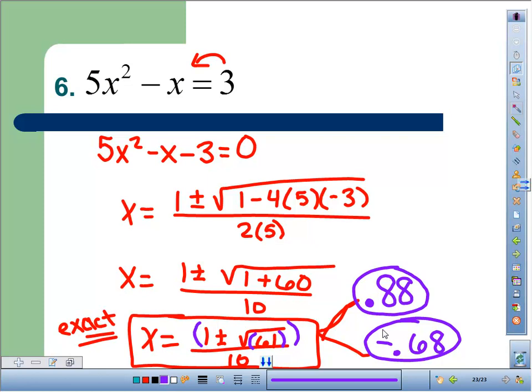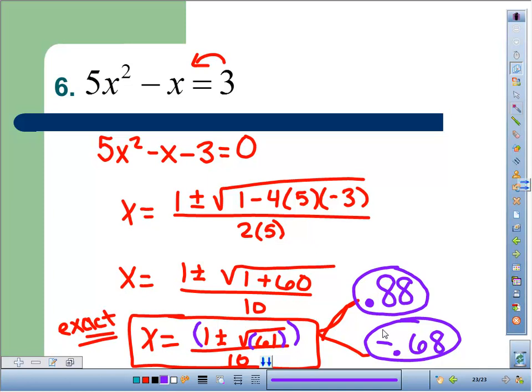And once you get 61 in a radical, you could do 1 plus square root of 61, press enter, then divide by 10, and it would give you the 0.88. Then you'd have to type it all again. 1 minus the square root of 61, press enter, divide by 10. That's fine too. Or you can put it all in one if you know how to work your calculator.